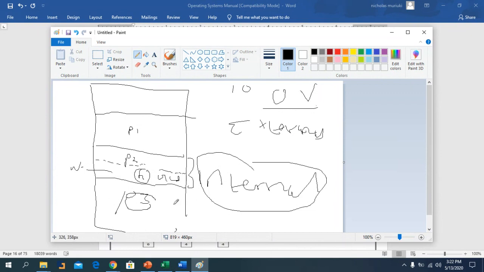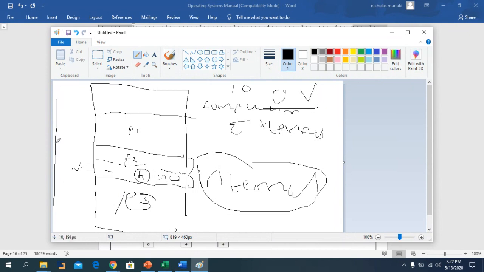And in this case, the operating system has to do more of its functions by making sure that every execution that you're supposed to execute is adhered to. And for you to do that, we do what we call compaction. So compaction is a method of ensuring that holes are brought together.